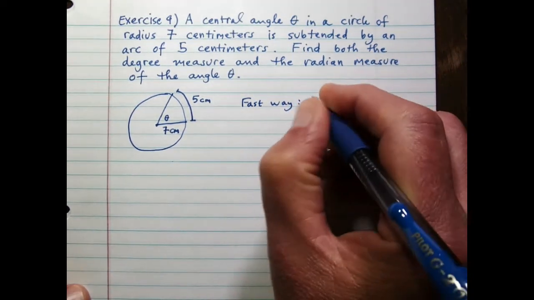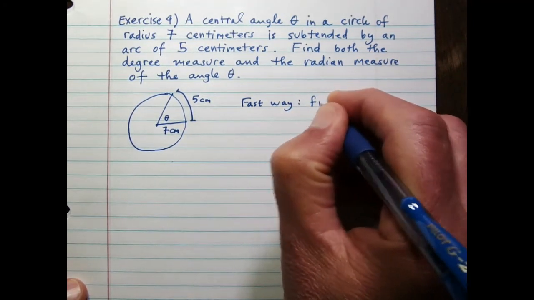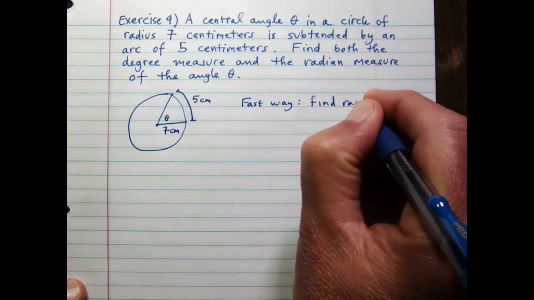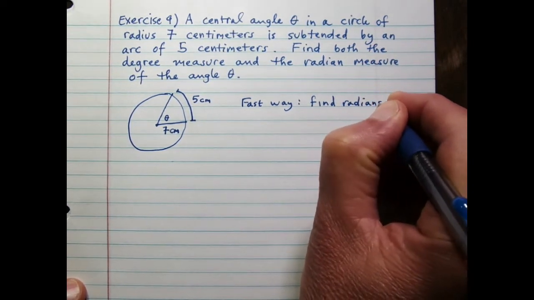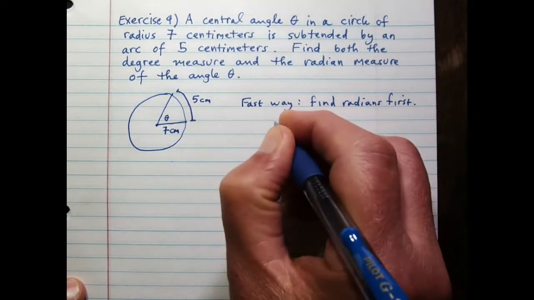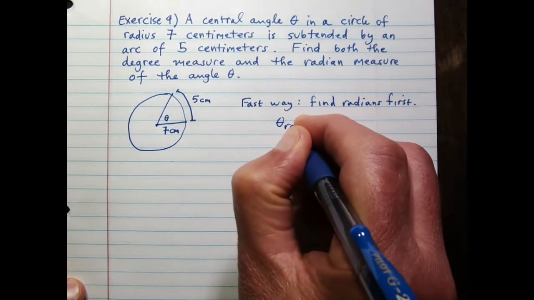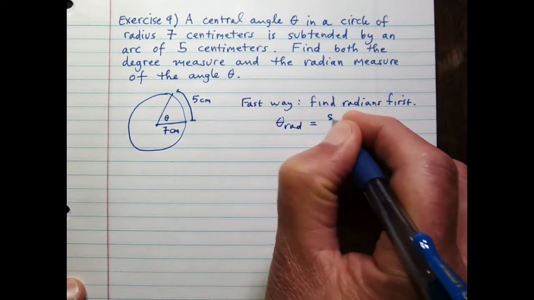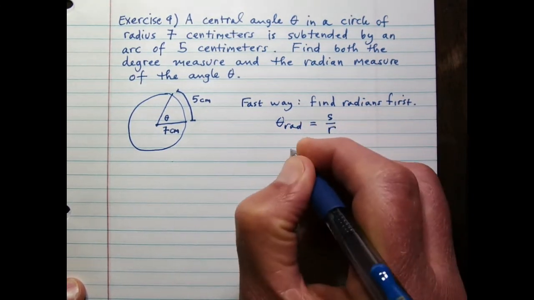is to find radians first. You can say theta in radians is s over r.